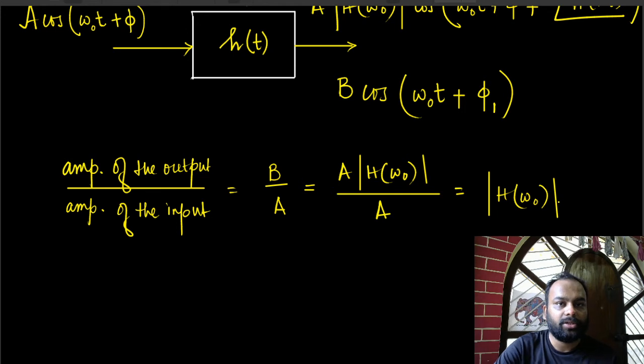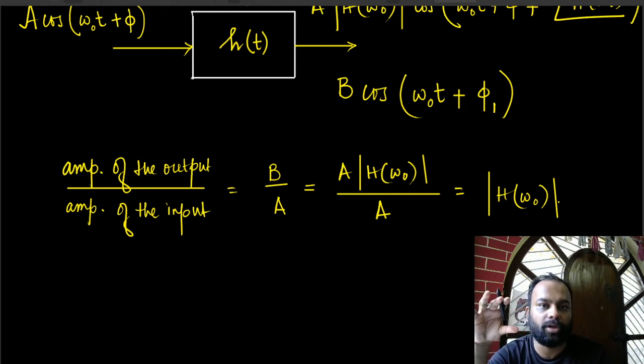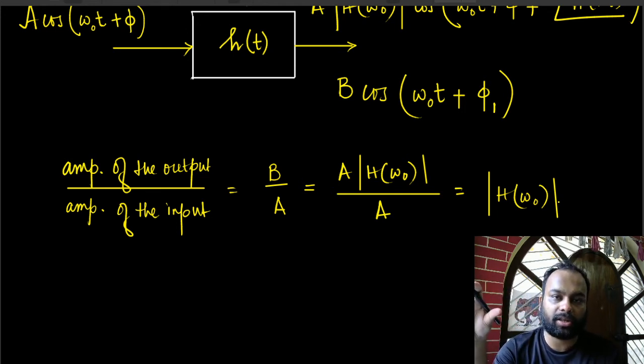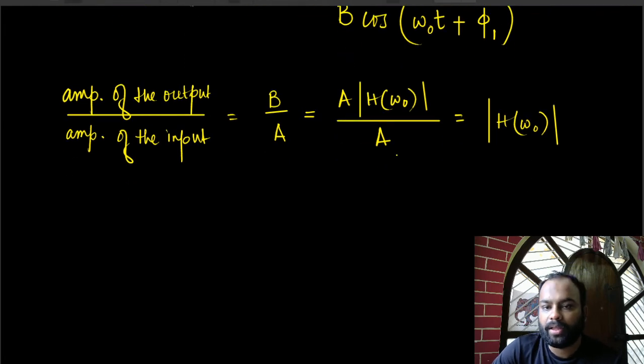So the ratio of the amplitude of the output sinusoid and the input sinusoid is entirely determined by the Fourier transform of the impulse response, of course with a constant value of omega.